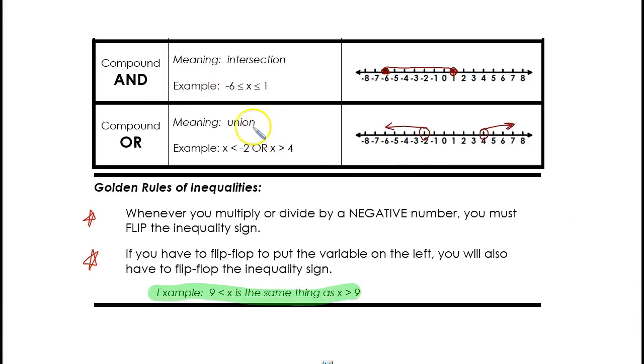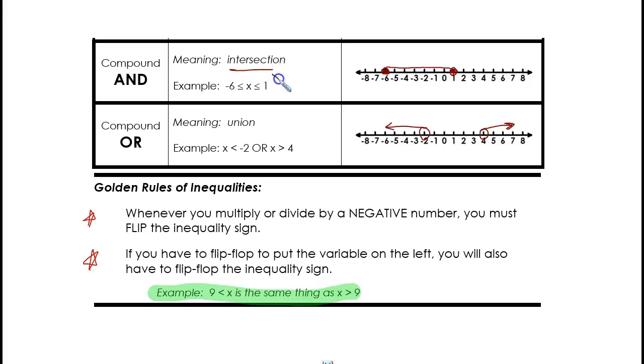Today, for the most part, we're going to be using compound inequalities, like the compound and the compound or. So for the compound and, you're going to see things like negative 6 less than or equal to x less than or equal to 1. We call compound ands intersection problems. And when we have an intersection problem, we're interested in what's shared.